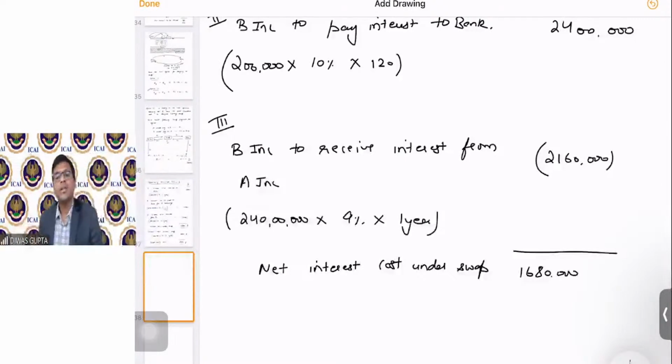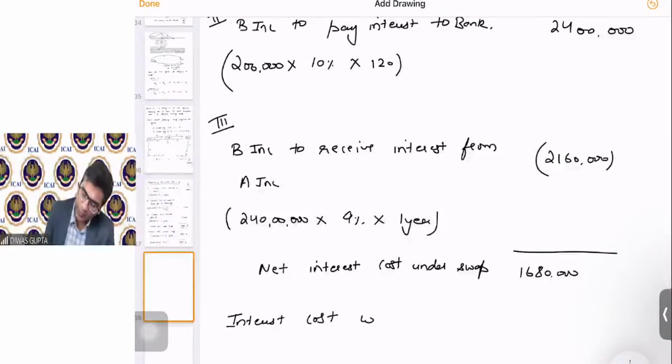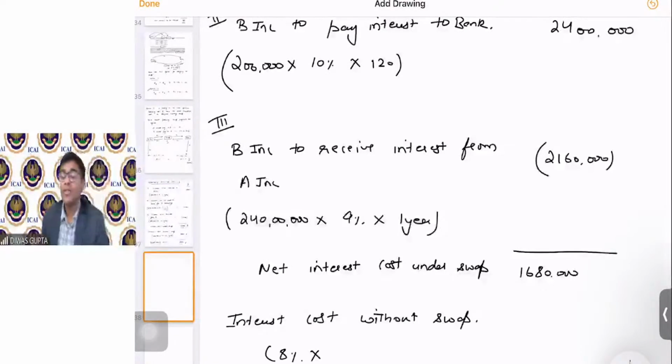Net interest cost under swap is 16 lakh 80,000. Interest cost without swap would be how much? Now, B would have borrowed in yen. The yen rate for B is 8% on 2 crore 40 lakh yen.